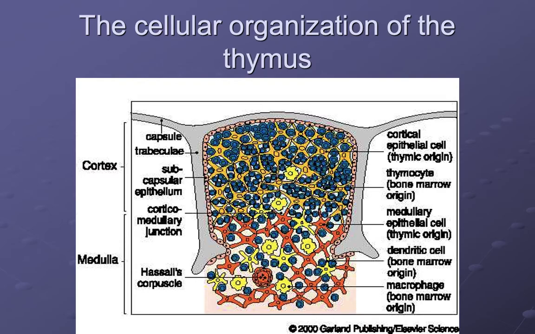Then in other parts of the thymus, the epithelial cells may assume a stellate appearance or star shape, as you can appreciate in some of the cells identified here near the medulla. The epithelial cells assume a more stellate, star-like appearance.